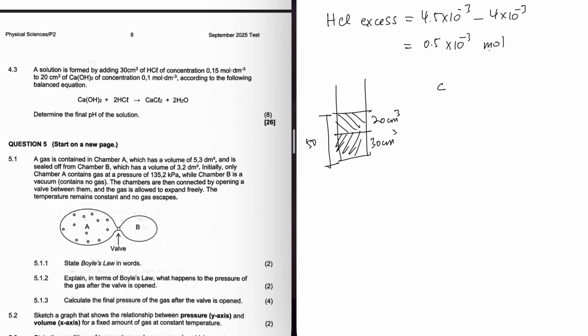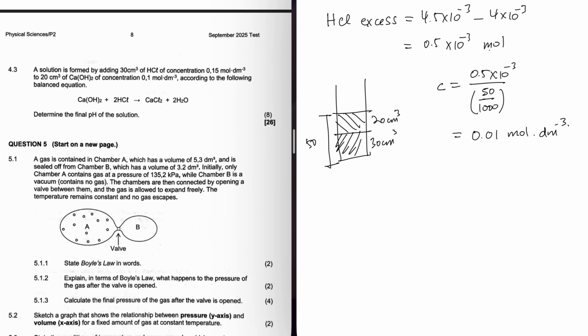So we can calculate the concentration of the HCl. It's going to be 0.5 times 10 to the minus 3 divided by 50 cm cubed over 1,000. So we convert that, and that's going to give us a concentration of 0.01 moles per dm cubed.